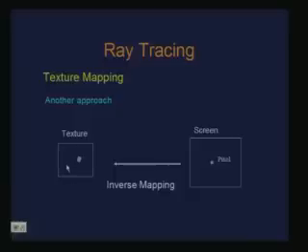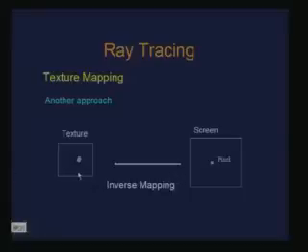So it's an inverse mapping. That's what you have in ray tracing. You start from a pixel, and you have the mapping between the object and the texture. Then you can associate the object to the texture and find out where this pixel would map to the texture.